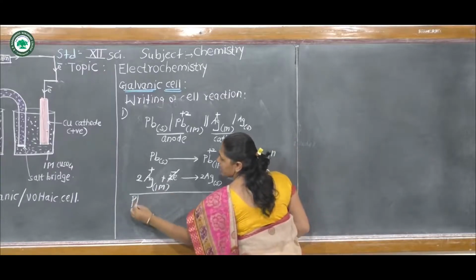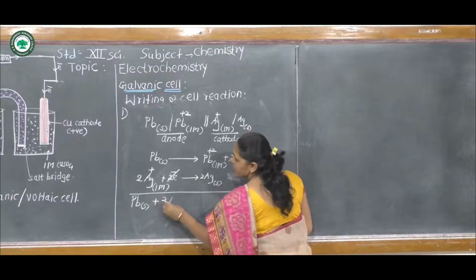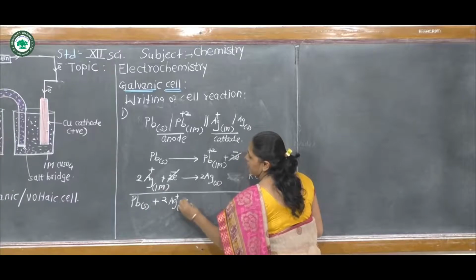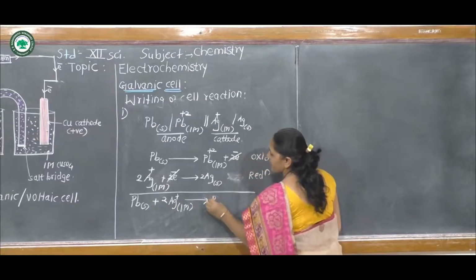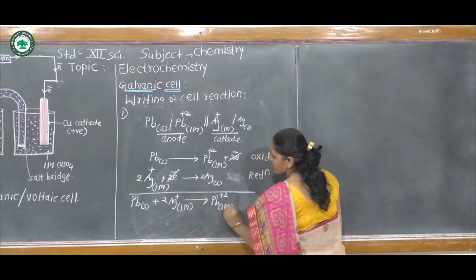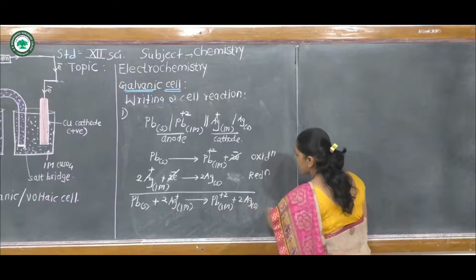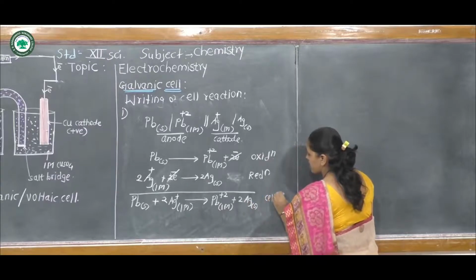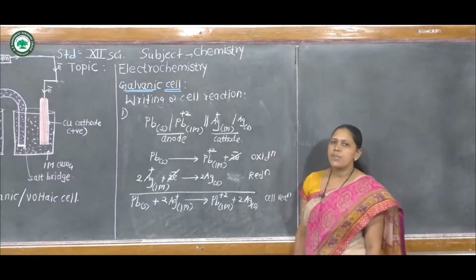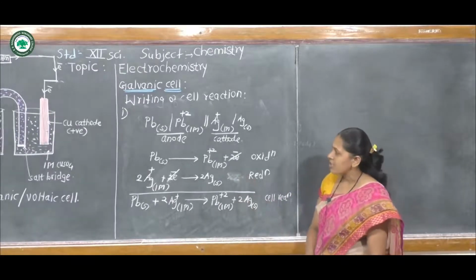Remaining is lead solid plus twice silver plus. It gives lead plus 2 ions plus twice silver. This is cell reaction. In this example, we only multiplied the reduction half reaction.